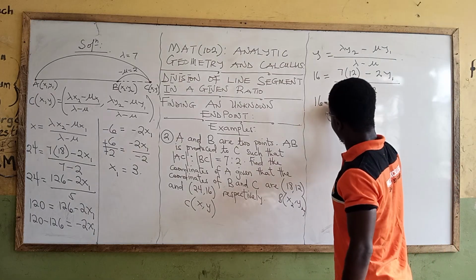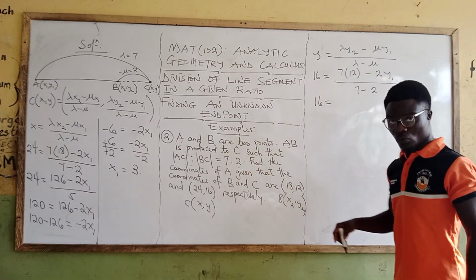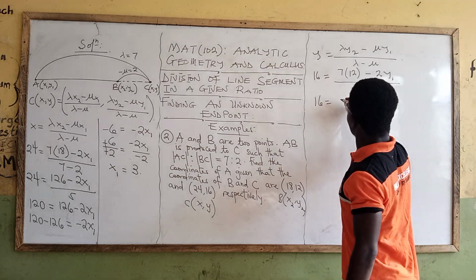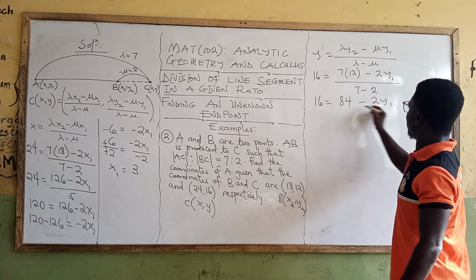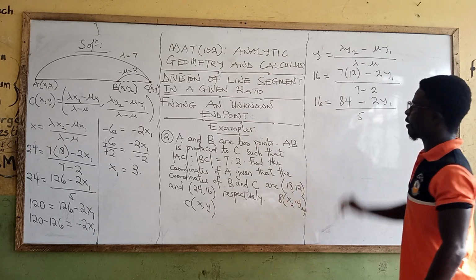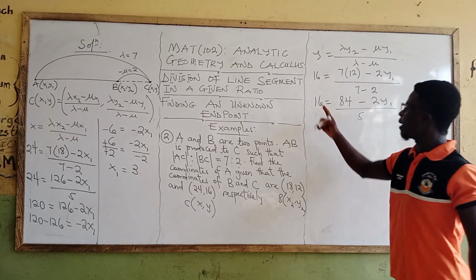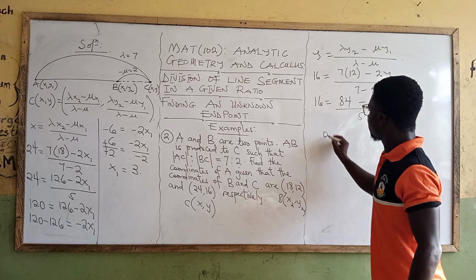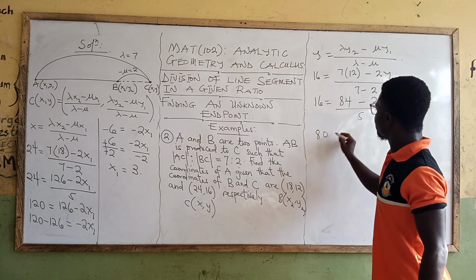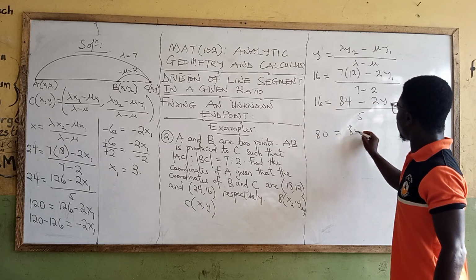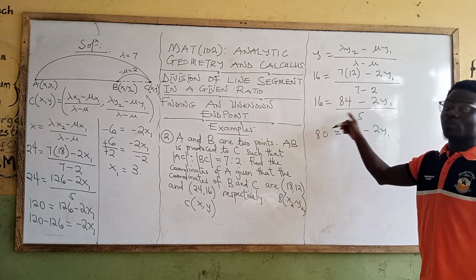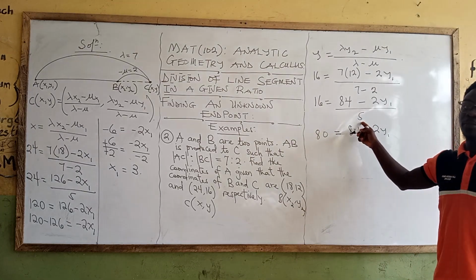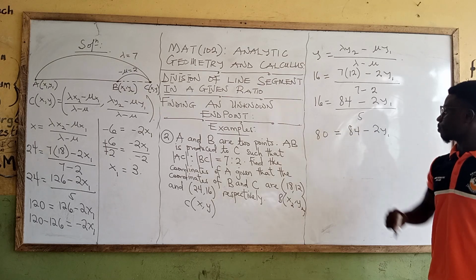So I get 16 equals 7 times 12, we get 84 minus 2y1 all over 5, right? So 5 times 16, we get 80 here equals 84 minus 2y1. Because I said we multiply through by the LCM 5, or you can do cross product here.